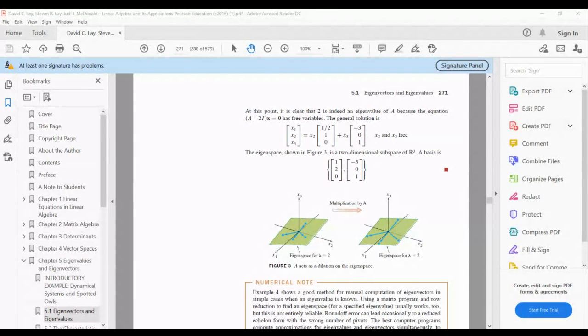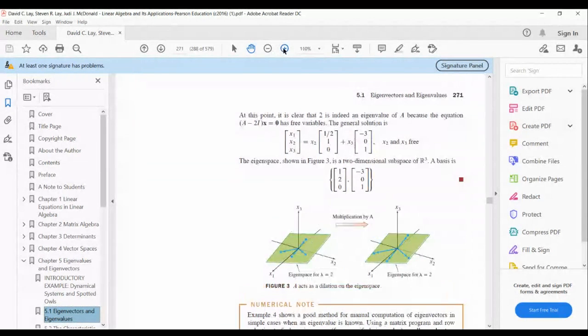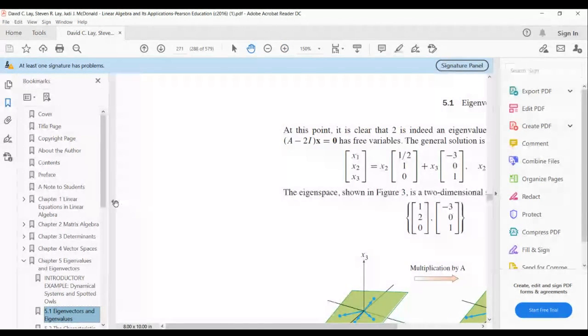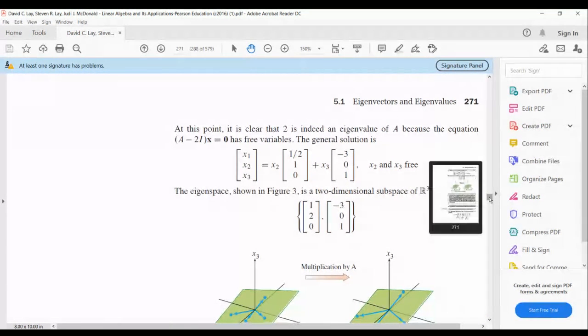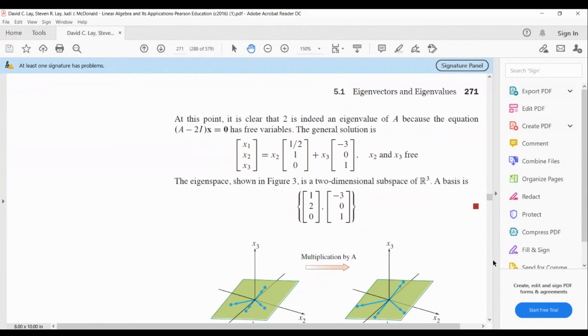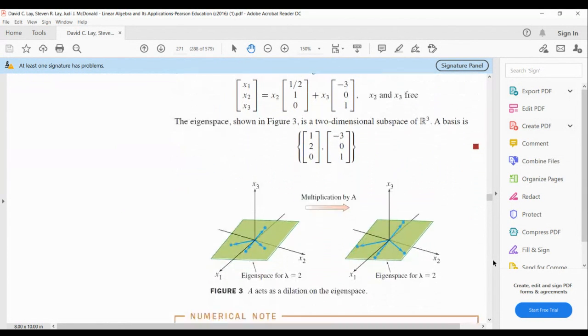Okay, so this figure is from the book, the example I'm doing, and it shows that A acts as a dilation on the eigenspace. So what's happening is you take A times x, where x is in the eigenspace.